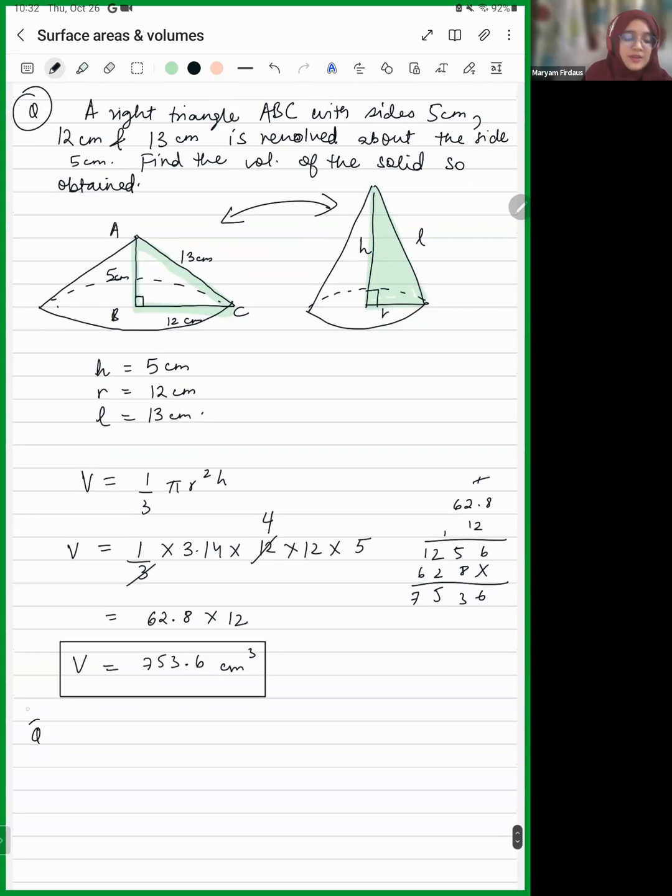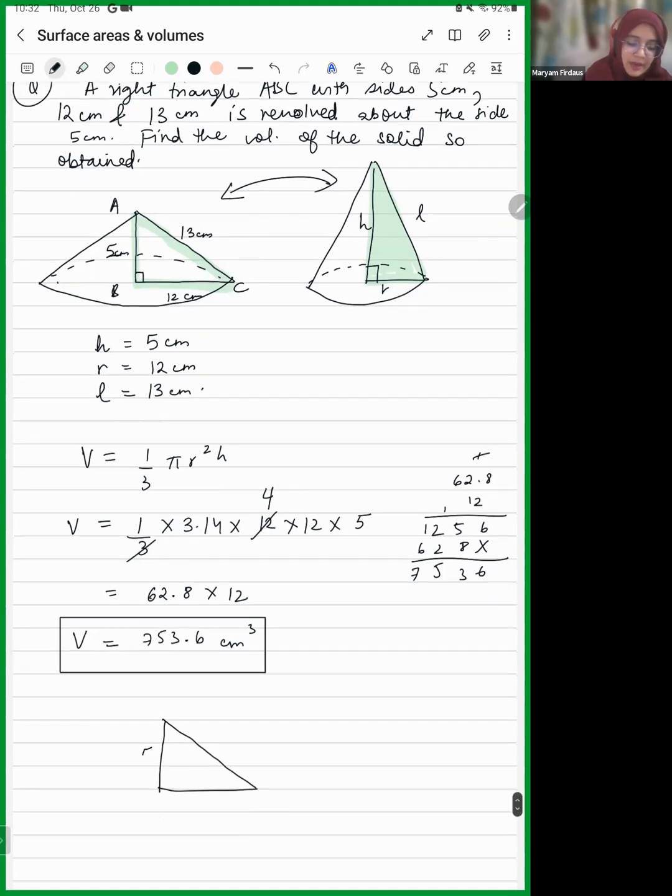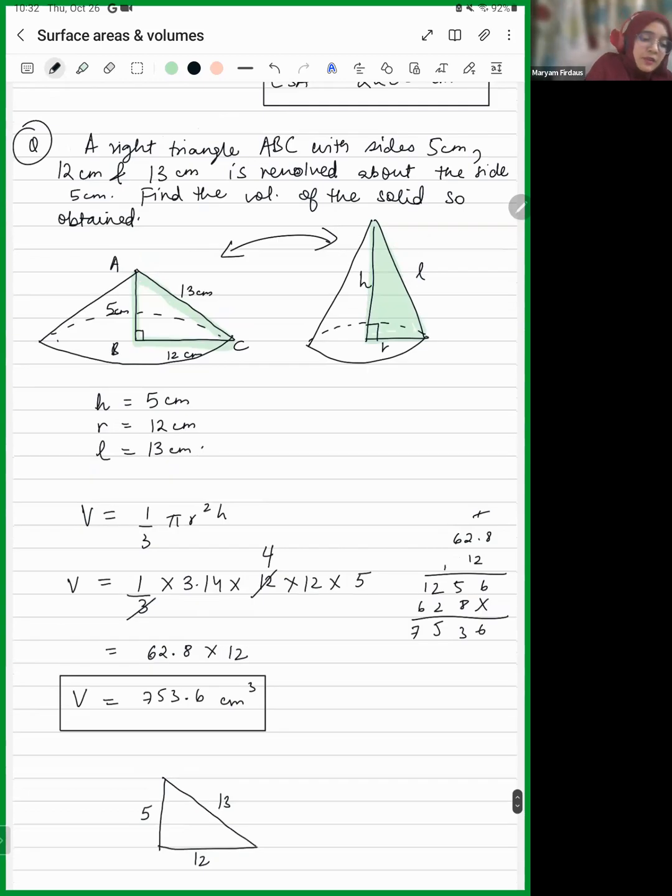Another part of this question is, you have the same triangle, but in this case, you are revolving it about the side 12 centimeters. In the previous case, we were revolving it about the side 5 centimeters, meaning that side was fixed.